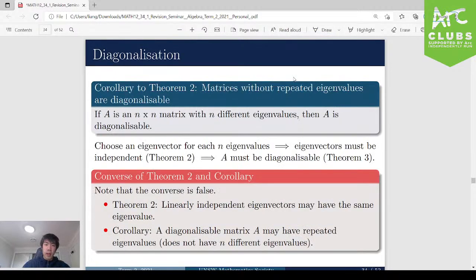Okay, and I guess the corollary is that if an n by n matrix has n different eigenvalues, then it is also diagonalizable. Again, this is where that previous theorem is useful. Recall that I said if a particular matrix has different eigenvalues, every eigenvector corresponding to those eigenvalues will be linearly independent, right?